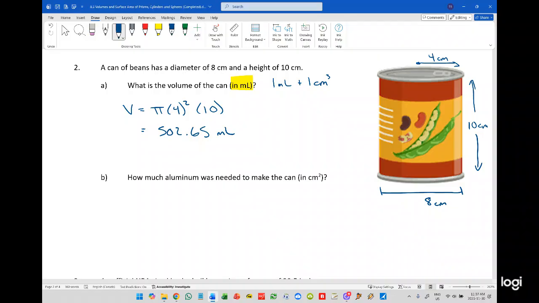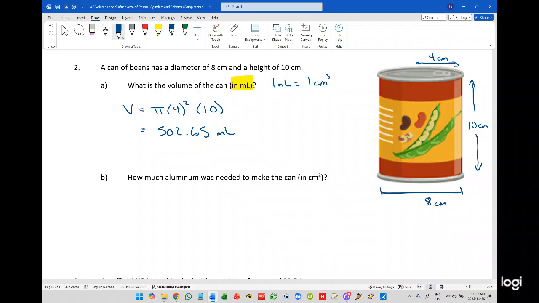Oh, I just realized I wrote plus up here when this should have been equals. 1 milliliter equals a centimeter cubed. Okay, so this can is just over half a liter. And by the time you factor in, usually there's some air gap or something in there, it's probably a half a liter can.